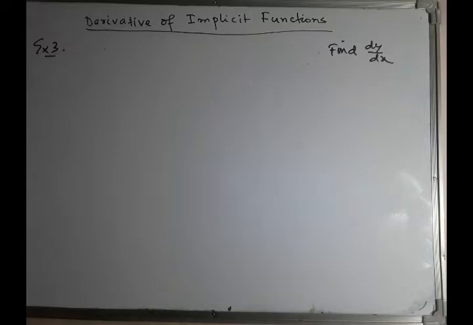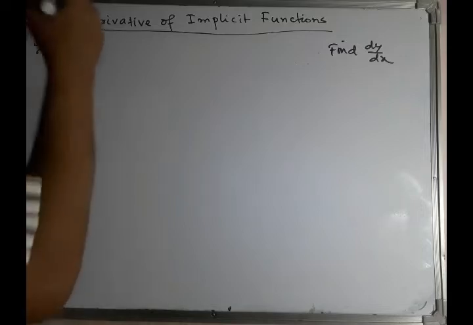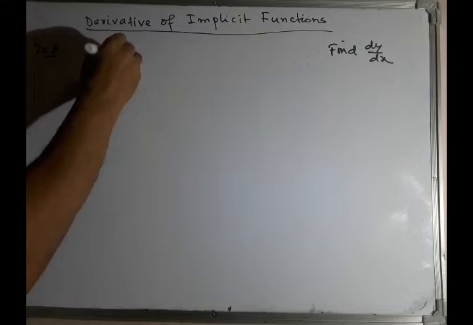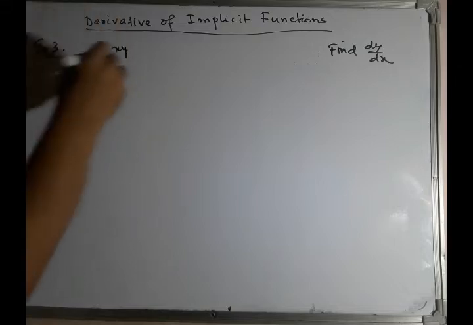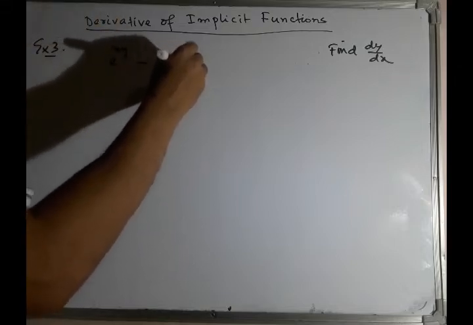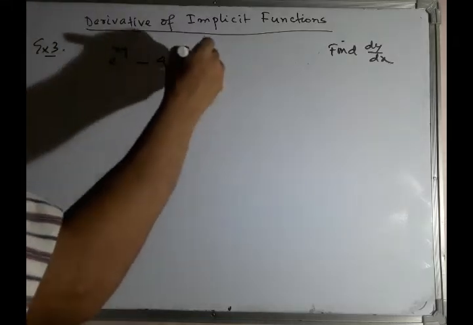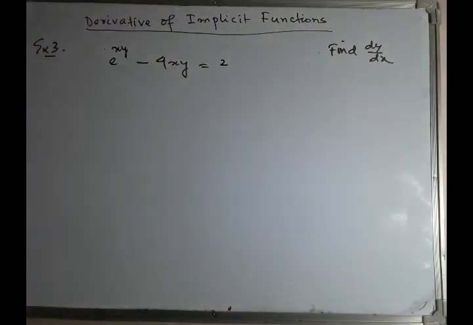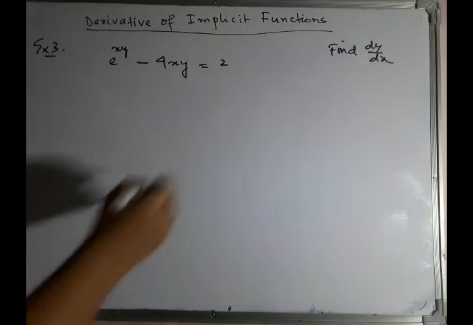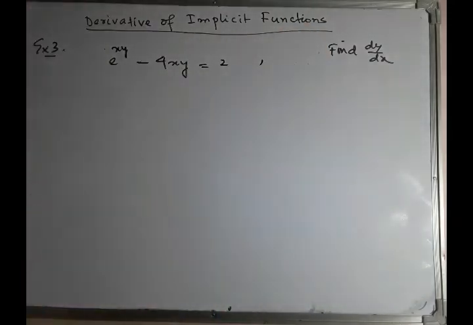Next sum, say it is given that e to the power xy minus 4xy equal to 2. Find dy by dx. Find dy by dx.